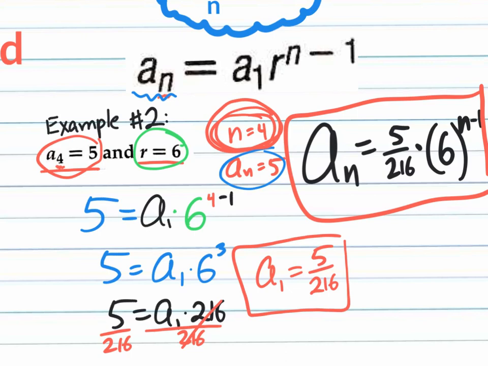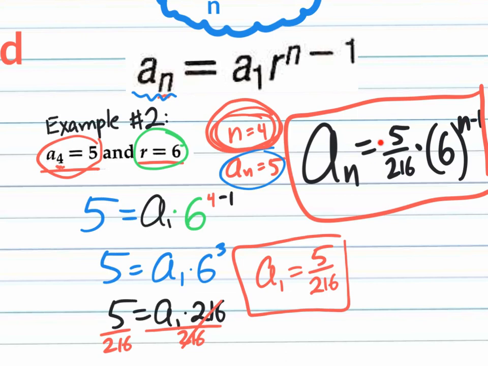Okay, so if you're confused and you're like, I'm not sure if I did this right, what could you do? Well, they give you the 4th number on the list. You could go ahead and plug in the number 4 and see if it actually gives you the answer 5. So when you plug in a 4 up here, that'll be 4 minus 1, which is 3. 6 to the 3rd power, you do exponents before multiplying. 6 to the 3rd power is 216.